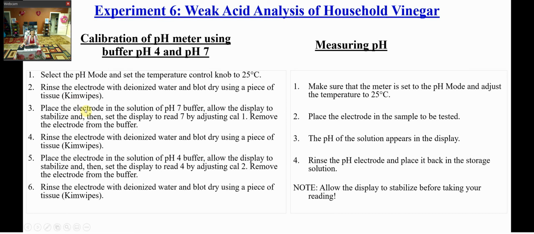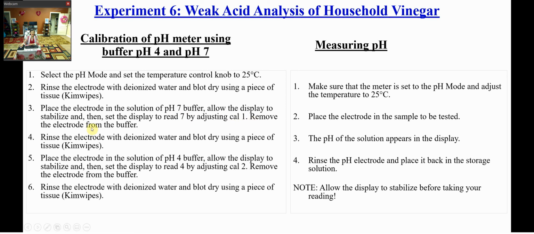Then place your electrode in the solution of pH 7 buffer, usually from high pH to low pH, and allow the pH reading to stabilize. Allow your display to stabilize, and then read your pH. This is calibration 1. pH 7 is your calibration 1.